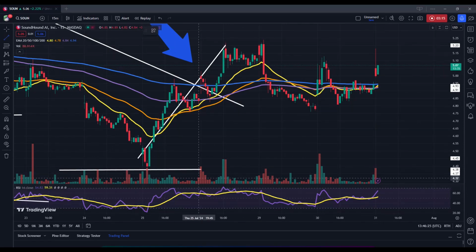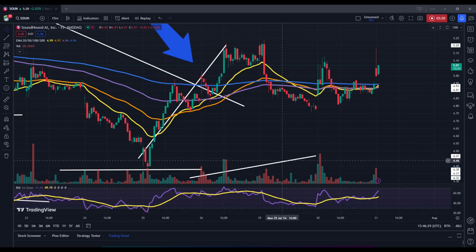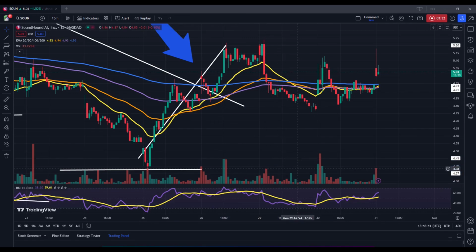Additionally, we do start to see some mild increases in overall trading volumes, which lends credence and validity to these upward price moves, and it suggests that there is more strength in the market underlying these overall trends.